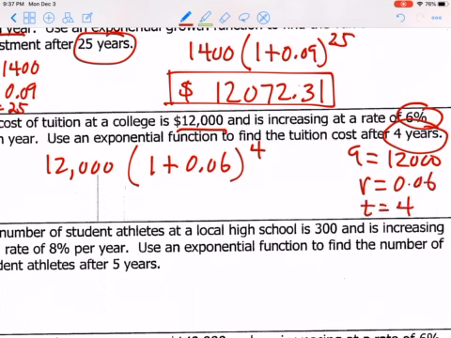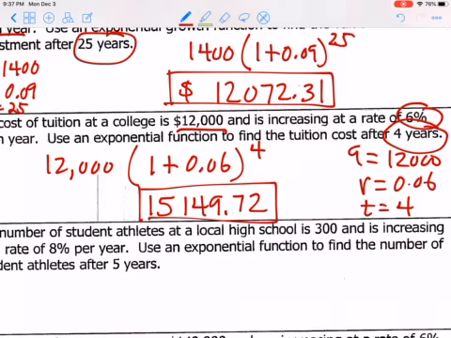When we put all that in, so 12,000 times 1 plus 0.06 raised to the 4, that's what you should be putting in your calculator. You should get 15,149.72, and that's money. Okay, let's go to the third one.